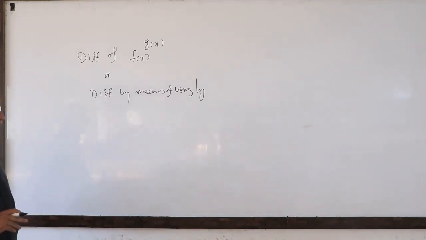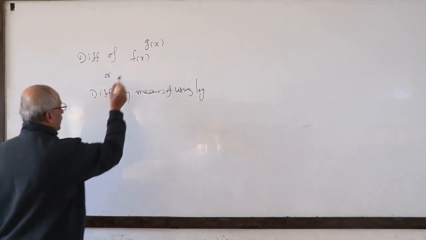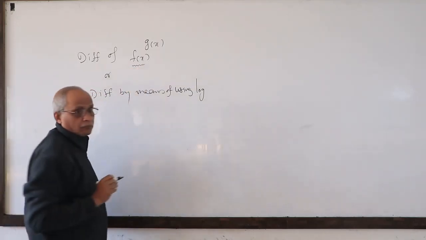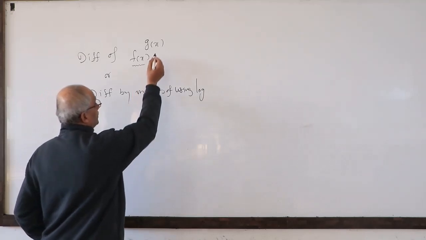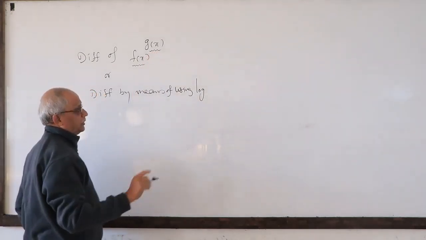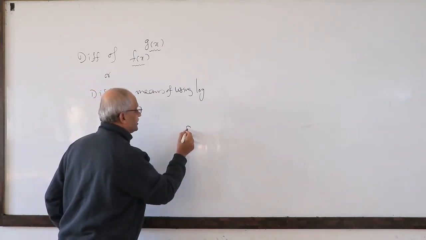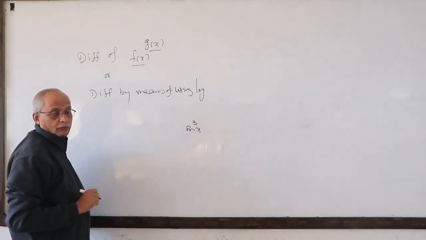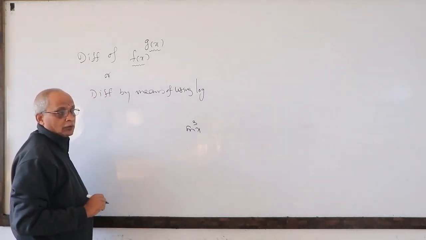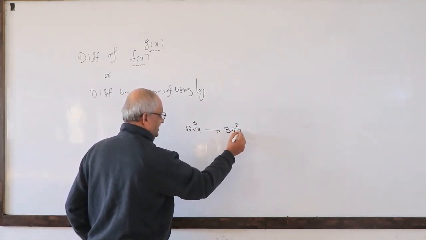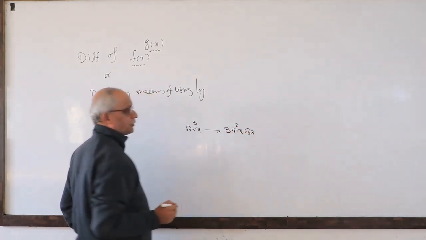What is implied? Very important. I already gave you here. Base is a function, power is also a function. Actually, you know in the beginning, base is a function, power is a constant, purely constant number. How to differentiate? 3 sin square x into sin x derivative.